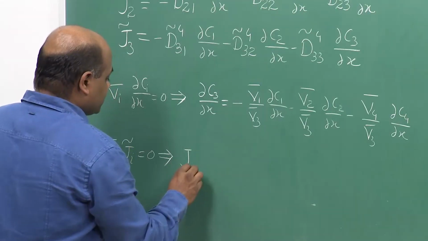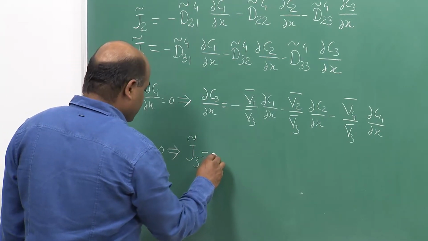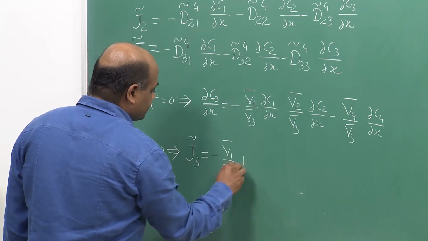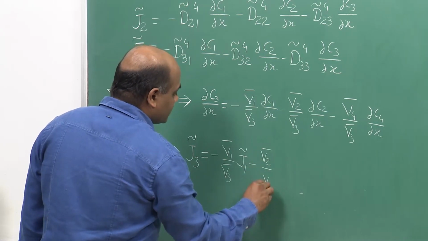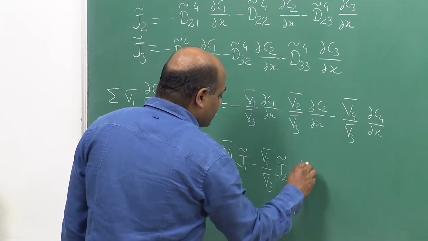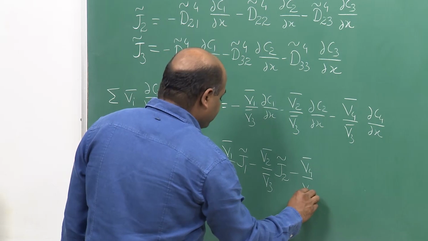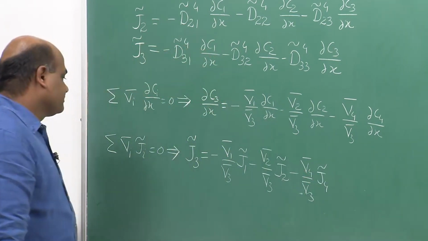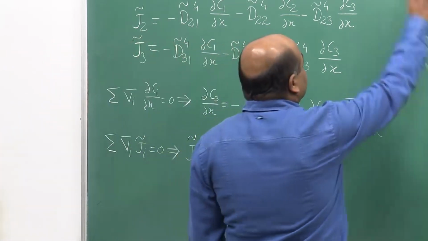So, we can substitute J3 tilde as J3 tilde equal to minus V1 bar over V3 bar J1 tilde minus V2 bar over V3 bar J2 tilde minus V4 bar over V3 bar J4 tilde. Okay, so now let us substitute.